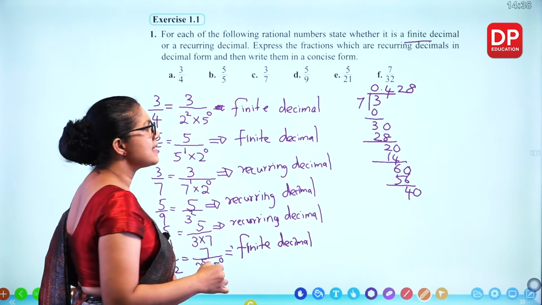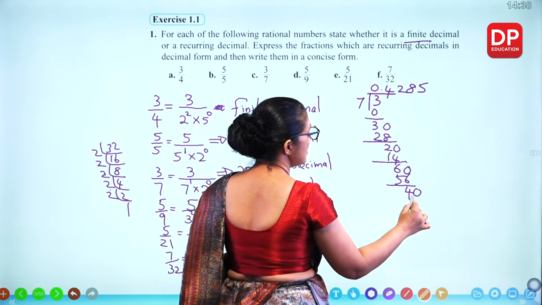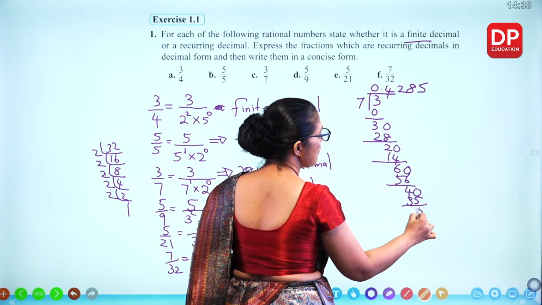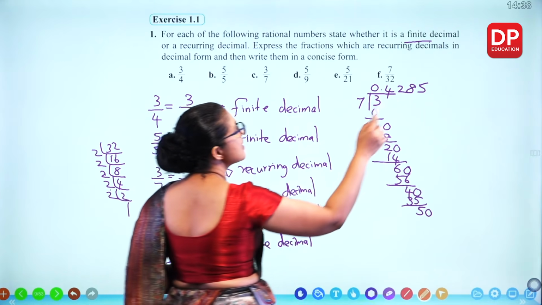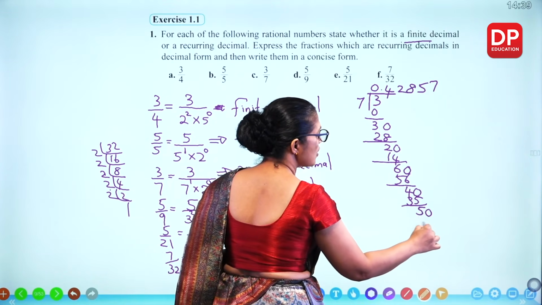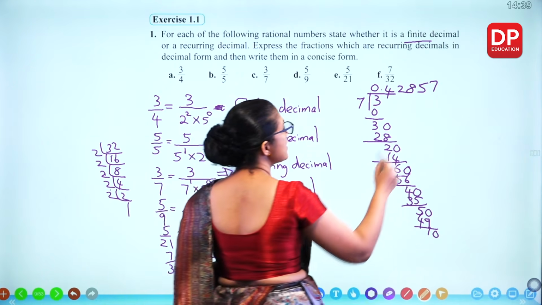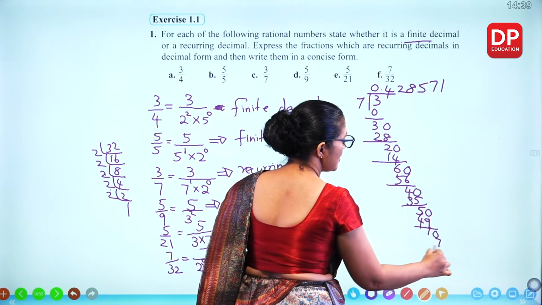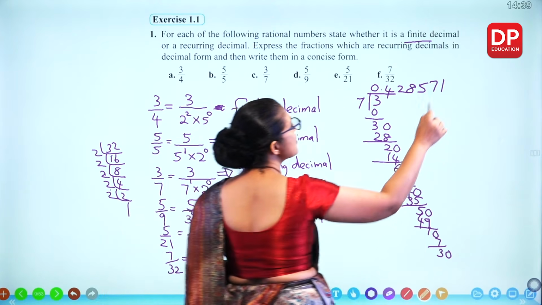For 40, how many 7's? 5. 7 times 5, 35. 5 remaining. Again, for 50, how many 7's? 7 times 7, 49. 1 remaining. For 10, 7 times 1, 7. 3 remaining. And for 30, 7 times 4.